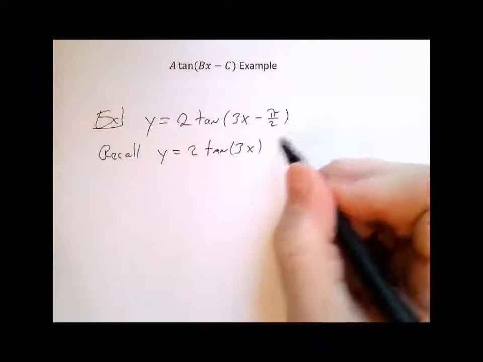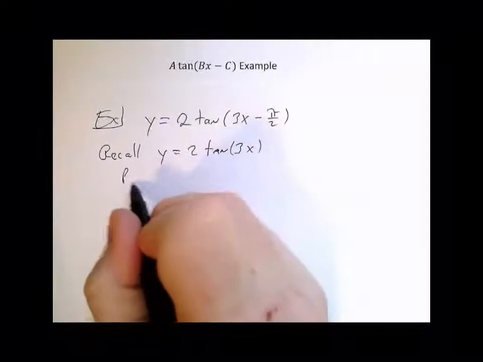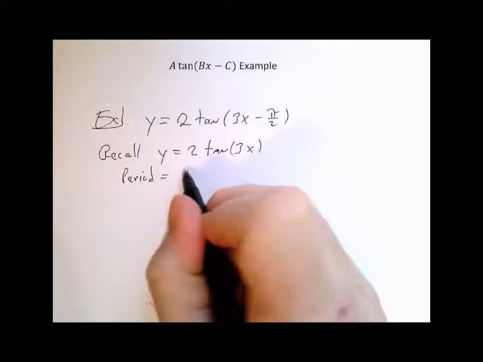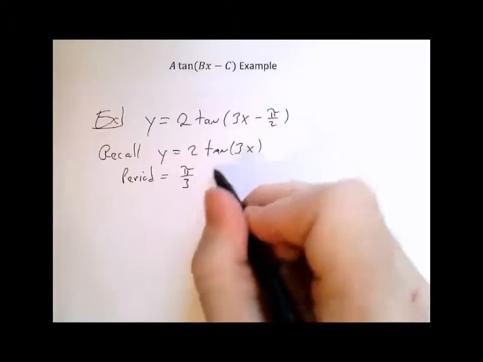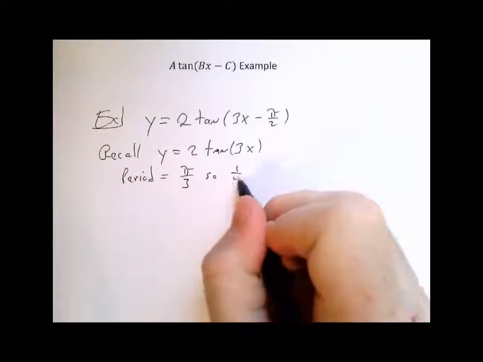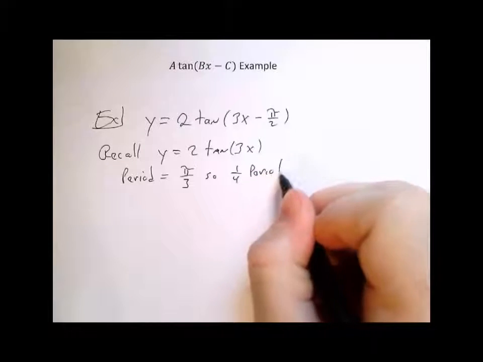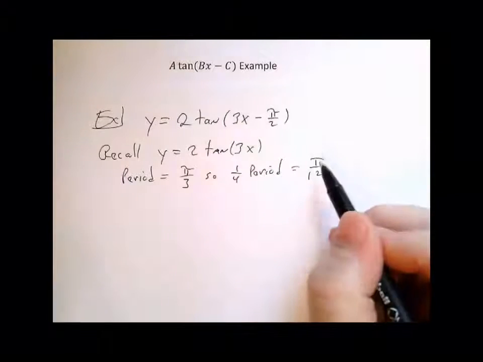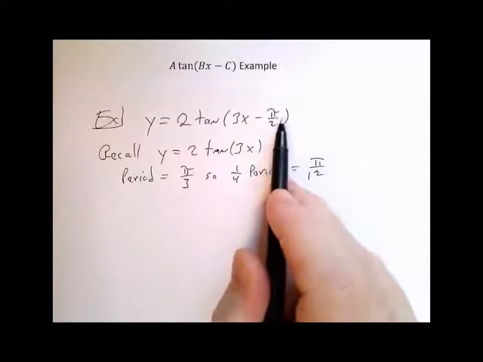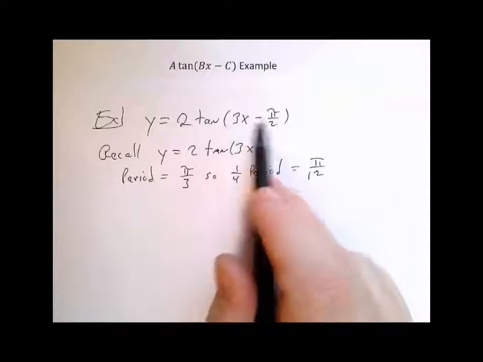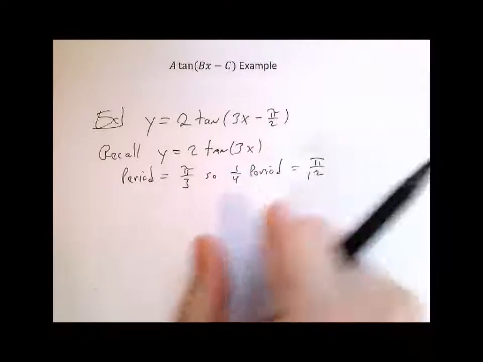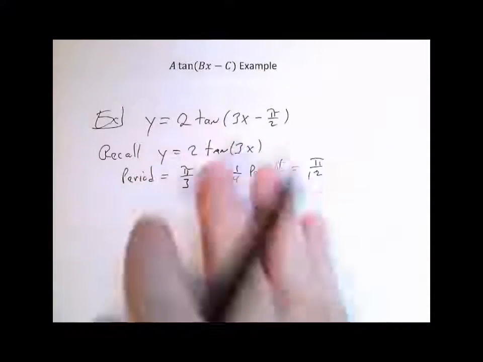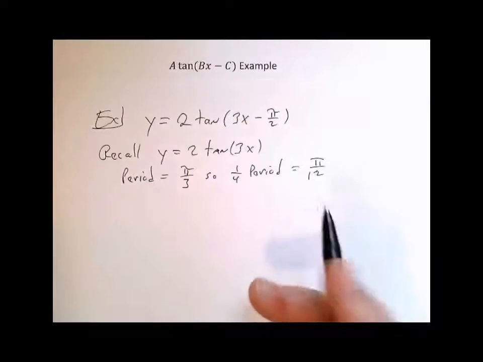The period was pi over 3, pi over b. So 1/4 of the period is pi over 12. And that's going to be true even if I have this pi over 2 here, for this family of functions. So the period is going to stay pi over 3. And what we're going to do is move this to the left or right depending on these constants here.